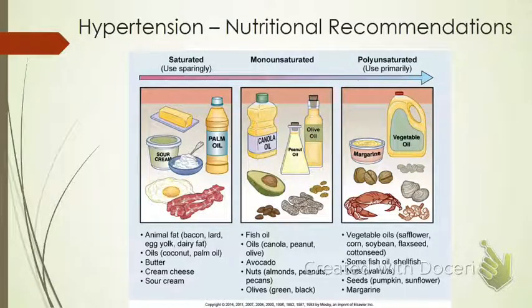We would want to limit these and say if you've got to have some fats in your diet, they should be from the unsaturated fat category, not the saturated fat category. So if you have someone who's not hypertensive or pre-hypertensive, we can introduce this. If they are in stage 1 or stage 2, they should be doing this at a minimum.